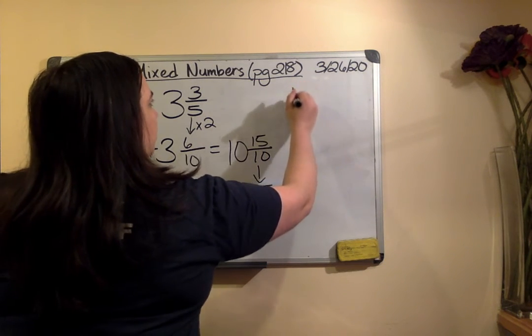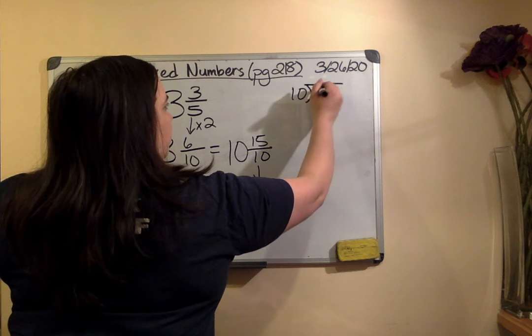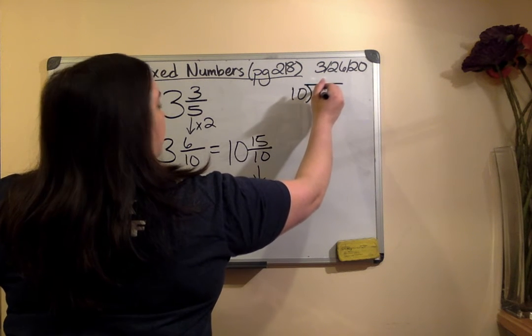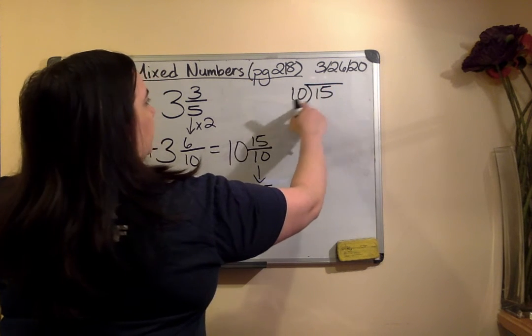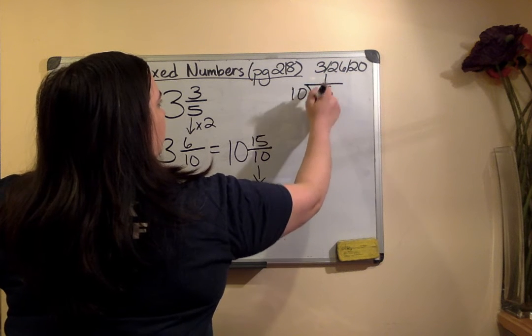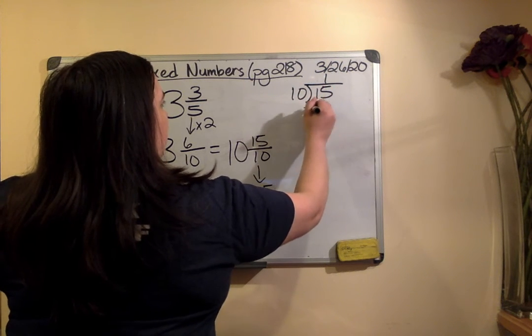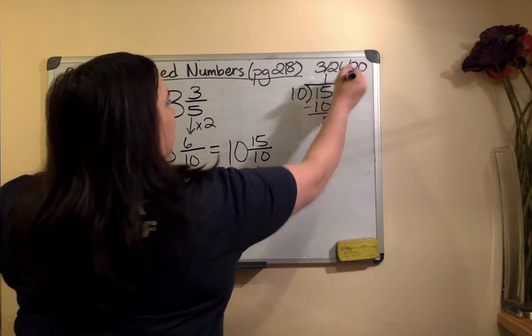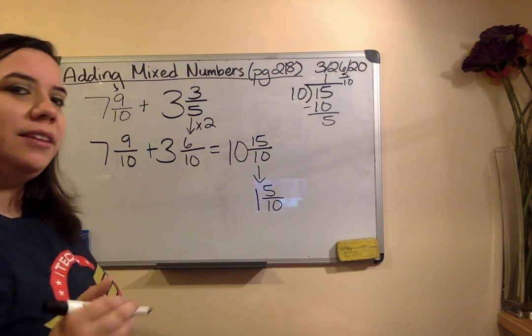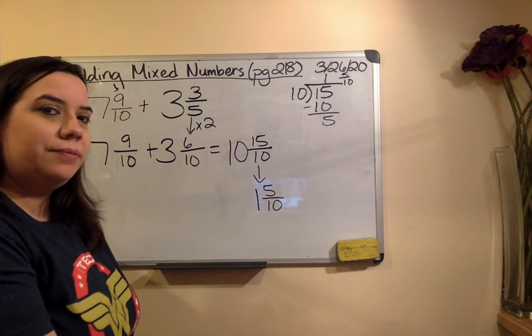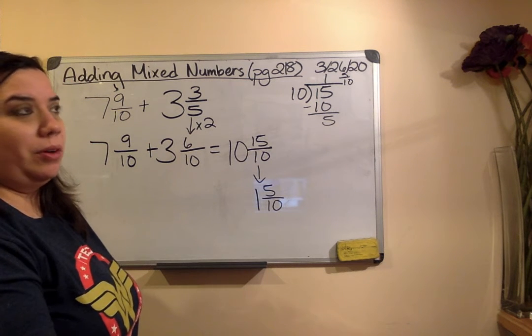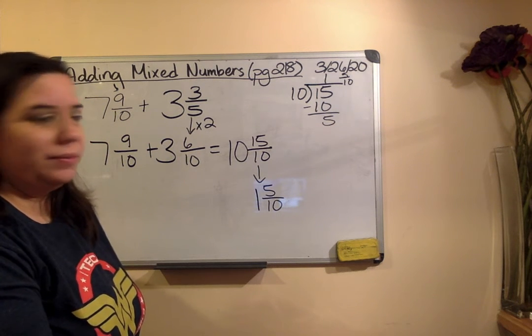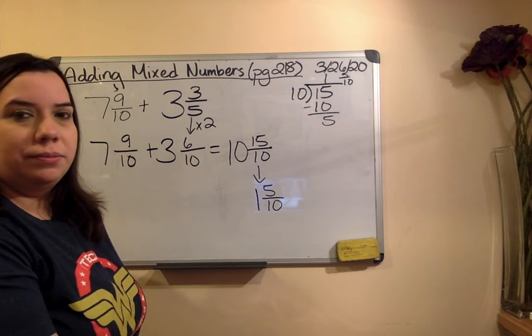So again, you have 10 into 15. And it goes in once. 1 times 10 is 10, giving me 5 over 10. Some of these fractions are going to be easy enough to do in your head, and that's okay. But some of them will be harder, and you will have to do your dividing. So it depends on you.